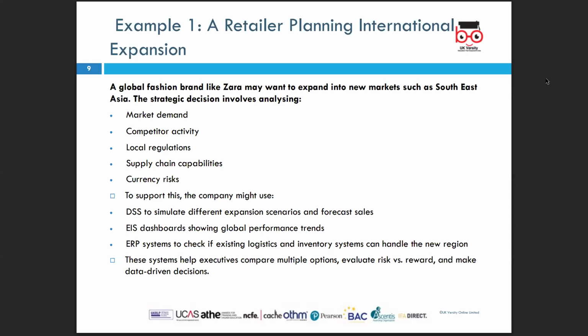To support this, the company might use DSS to simulate different expansion scenarios and forecast sales, EIS dashboards, which will show global performance trends, and ERP systems to check if the existing logistics and inventory systems can handle the new region.